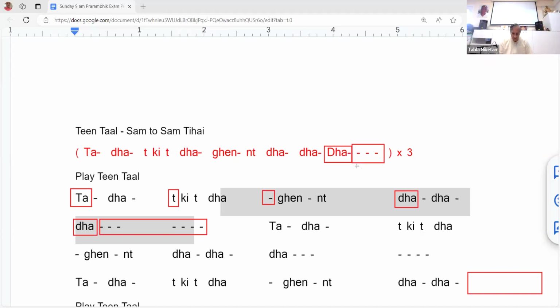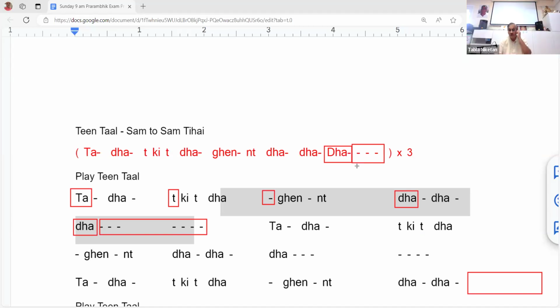Yeah. Tha ta ki ta tha ge in ta tha 1 2 3 1 2 3 4 tha ki ta tha ge in ta tha 1 2 3 1 tha ki ta tha ge in ta tha.